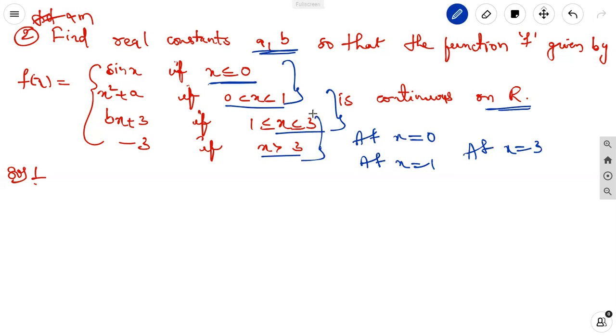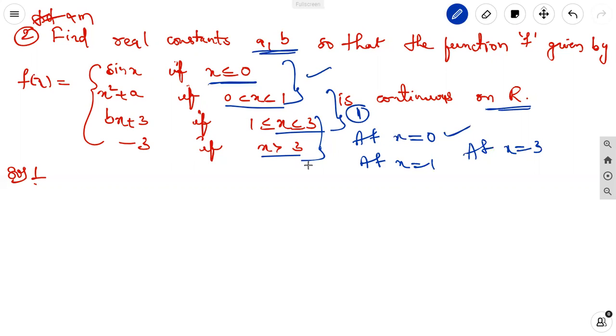If we choose x equal to 0, the only unknown value is a. When we choose x equal to 1, the unknowns are a and b. And at x equal to 3, the unknown value is only b. So by observing the function, how can we choose the x values and get the a and b values?